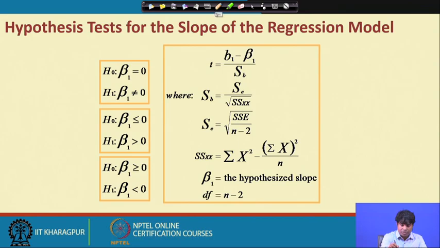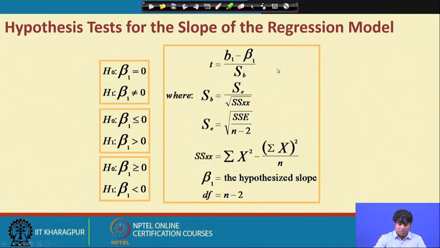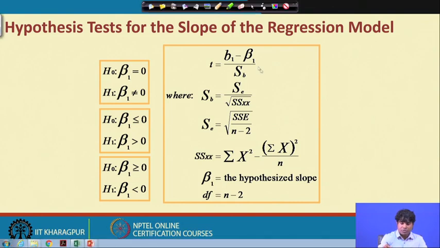And this is for the beta coefficient. Then accordingly this is the standard error for the beta coefficient, and the degree of freedom is calculated: the sample size is 12 and n minus 2 comes to 10. Ultimately, these are all manual calculations.